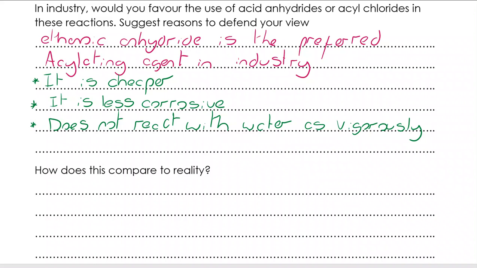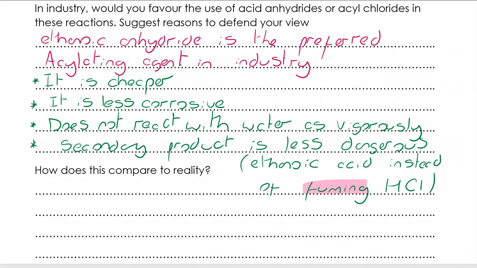Final component to this answer is thinking about that secondary product. The secondary product is ethanoic acid with acid anhydride, so that's vinegar, it's a weak acid. Whereas with the acyl chlorides, not only are you making HCl, a strong corrosive acid, but because it's such a vigorous reaction and it's so exothermic, you're actually going to form fumes of HCl.